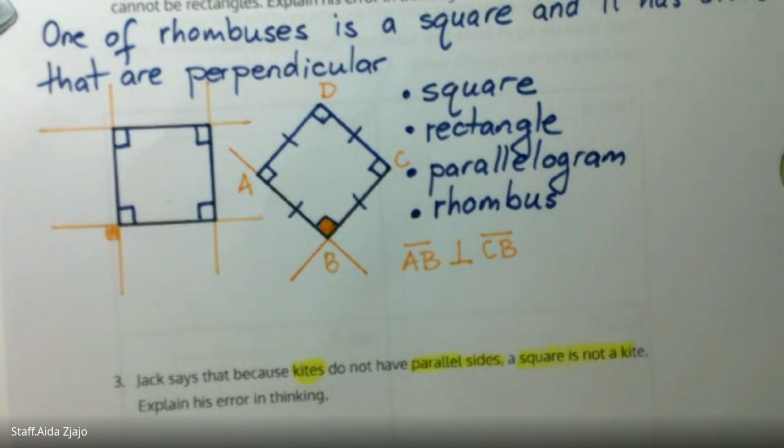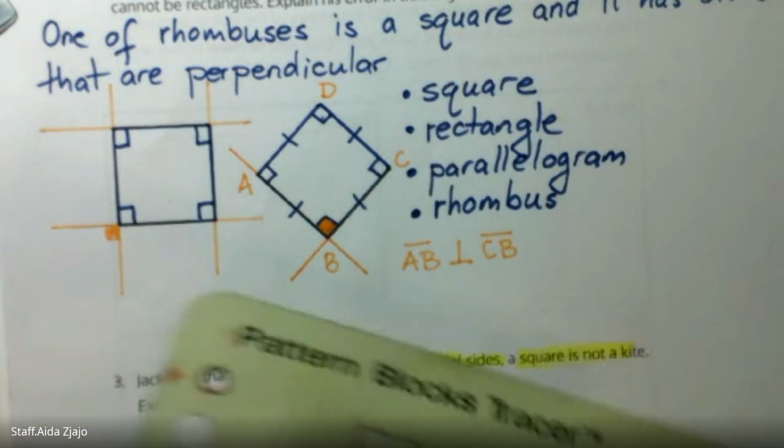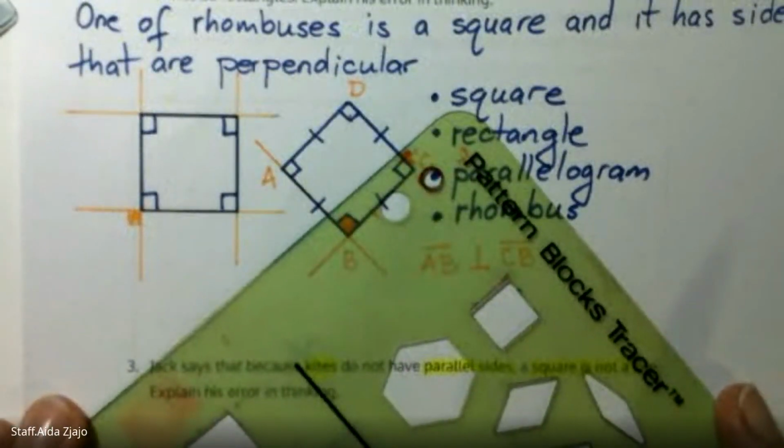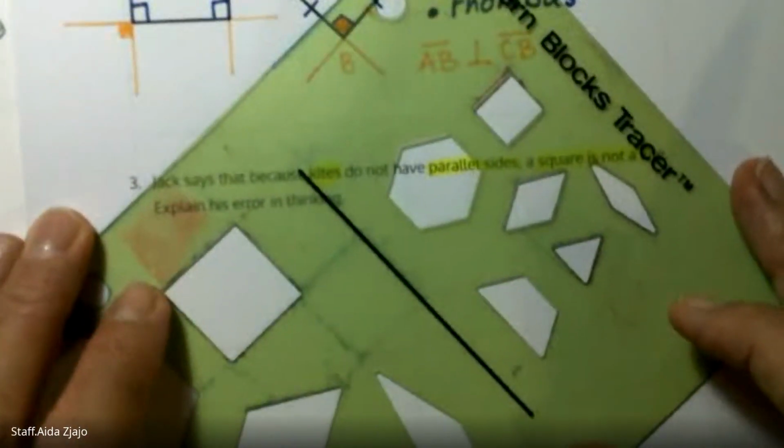So to be a kite, you have to have adjacent sides congruent. So I'm going to show you this.